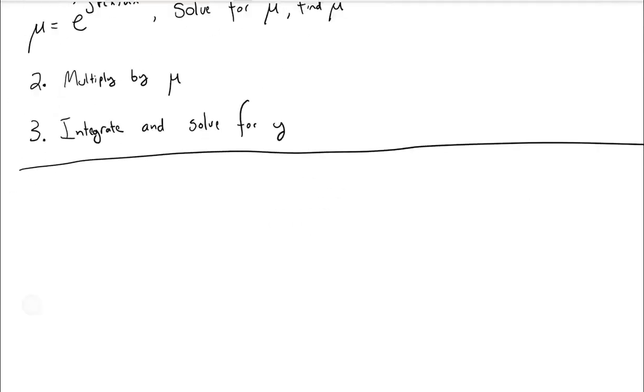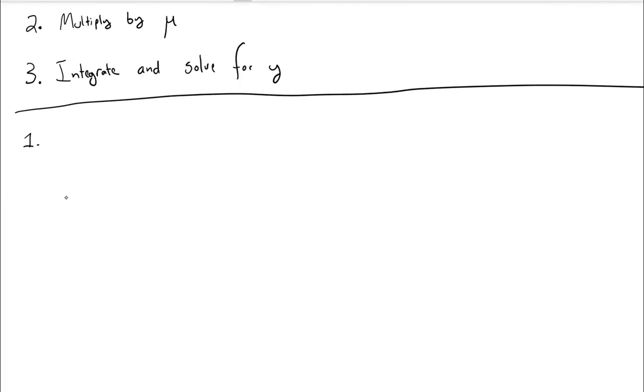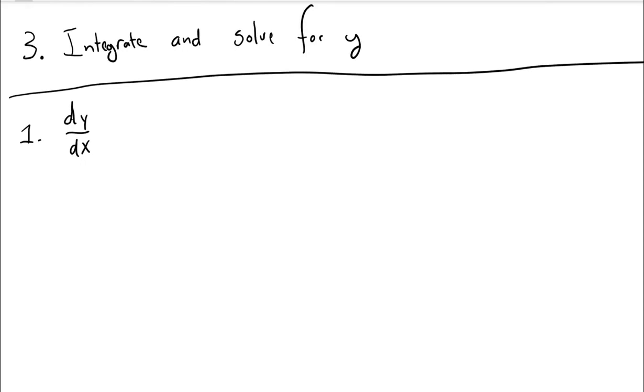So for our first example, we will have the differential equation dy/dx plus y over x equals 2. Now, if we look at this, we'll realize that this is not separable.